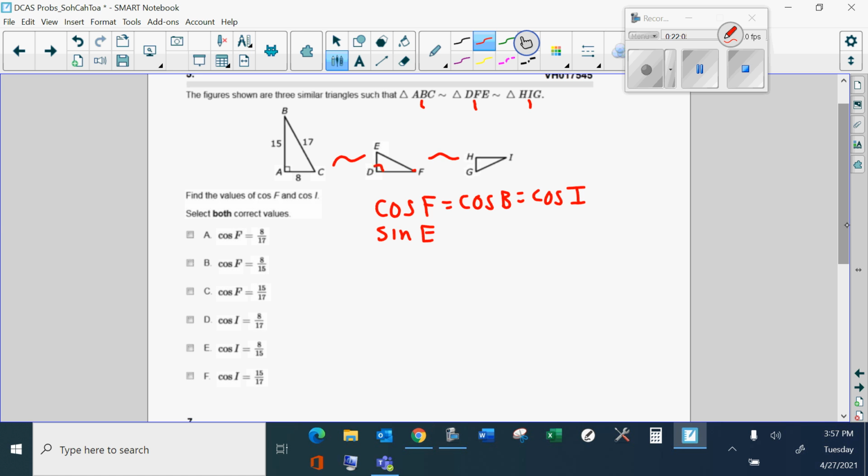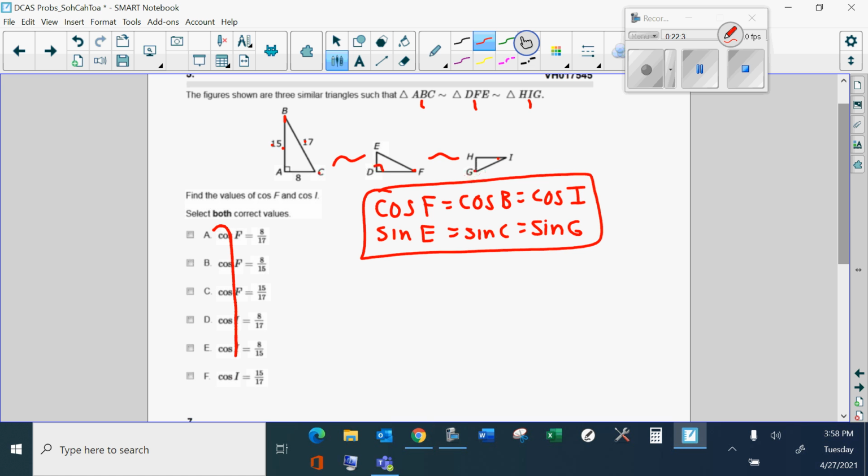The cosine of B, 15 over 17, equals the sine of C. And that one, complementary. The cosine of I would be the sine of G. Now, that's just for you to remember, those are the complementaries, like we just did in the last one. So all of these are equal to be able to choose from. But notice in this one, they only use the cosine ones. So I'm just picking the cosine ones.